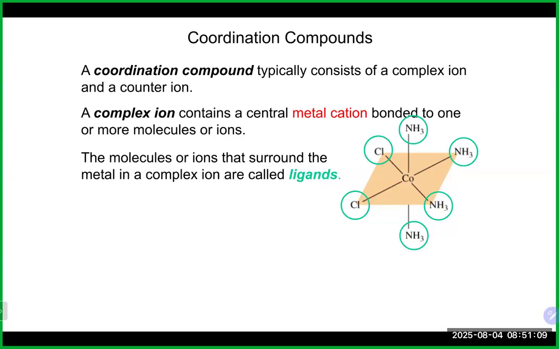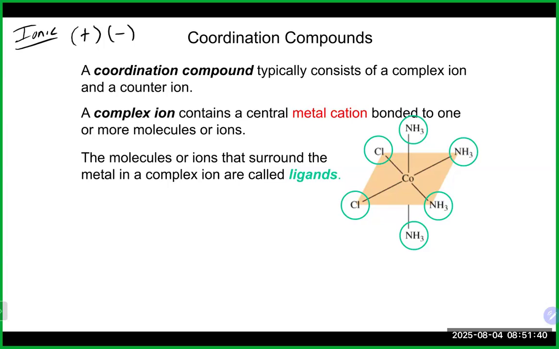You could think of coordination compounds like ionic compounds, if you will. Just like in ionic compounds, the positive guy goes first, followed by the negative. That is also true in coordination compounds. So when you write formulas or give names for coordination compounds, you follow positive first, followed by the negative.